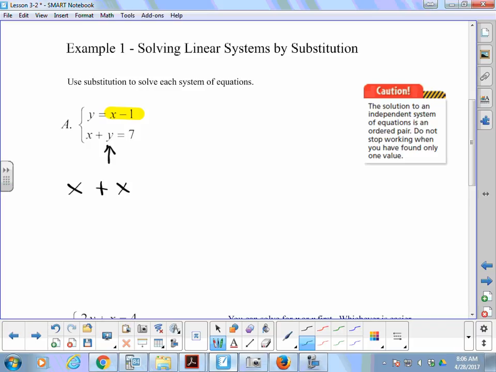So I'm going to replace it with x minus 1. And so by doing this, instead of having two equations with two variables, I now have one equation with one variable that we can solve.